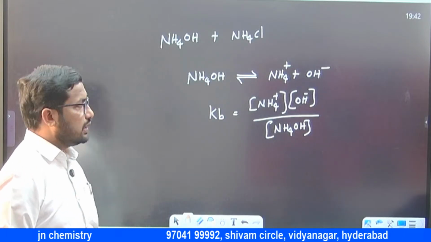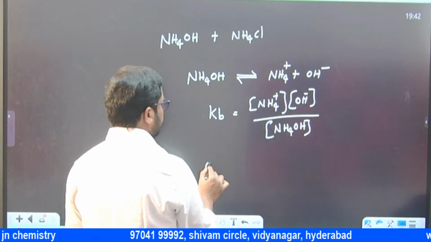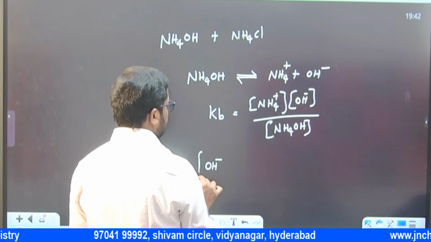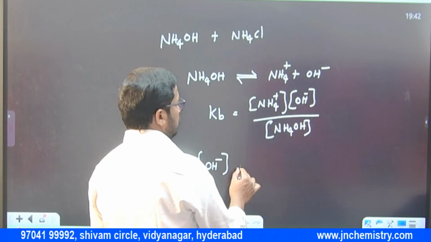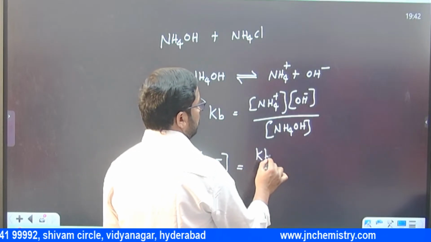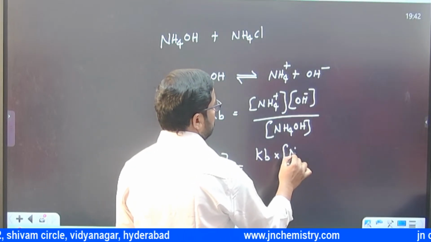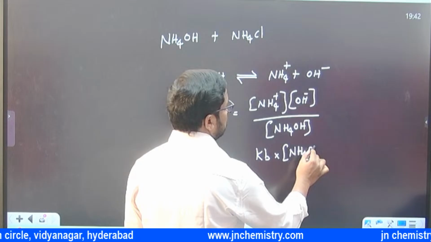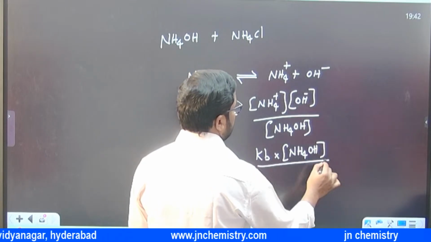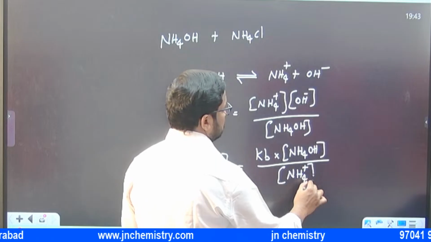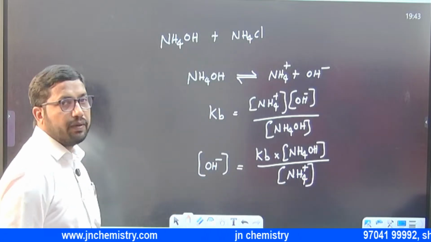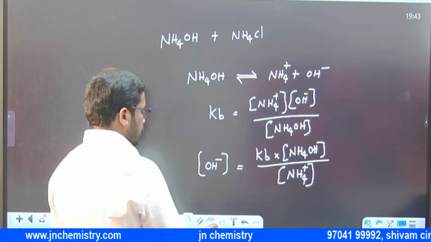OH minus concentration is equal to Kb times NH4OH concentration by NH4 plus, right? Applying the same, log minus, right?